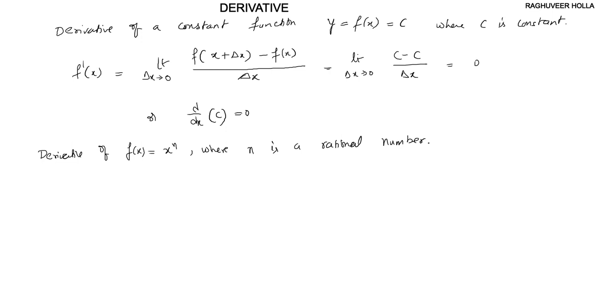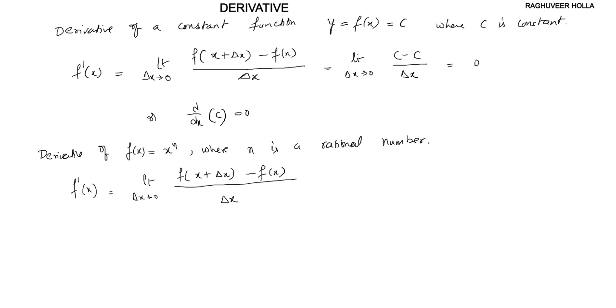Now f dash of x is the limit as delta x tends to 0 of f of x plus delta x minus f of x divided by delta x, right?